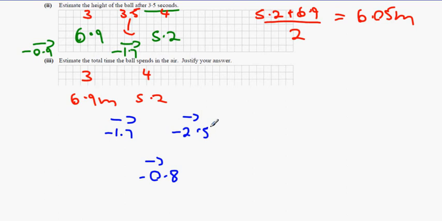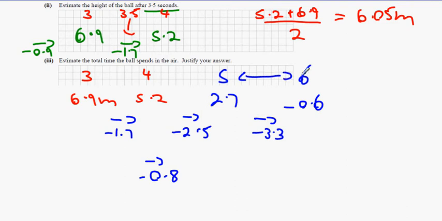That brings us to the fifth second, which will be 2.7 meters in the air. At 6 seconds, you add another 0.8 and you'd be minus roughly 3.3, and minus 3.3 will mean that we're at minus 0.6 meters. So an estimate of this would be that it occurs somewhere between 5 and 6 seconds.